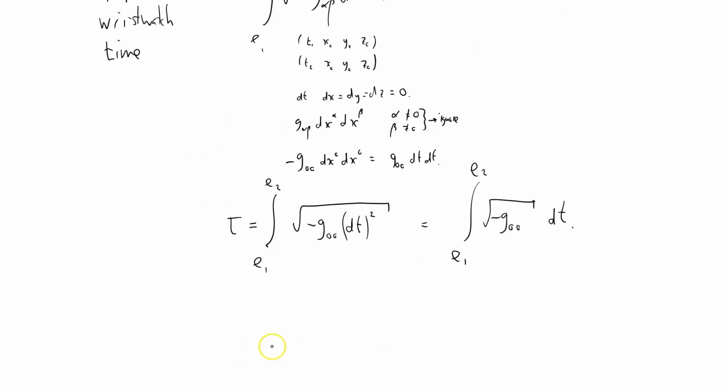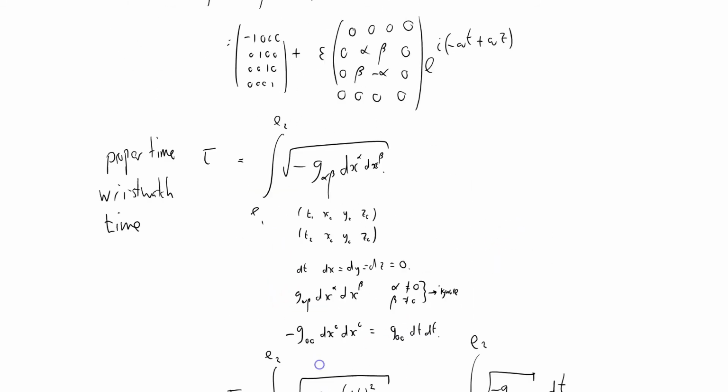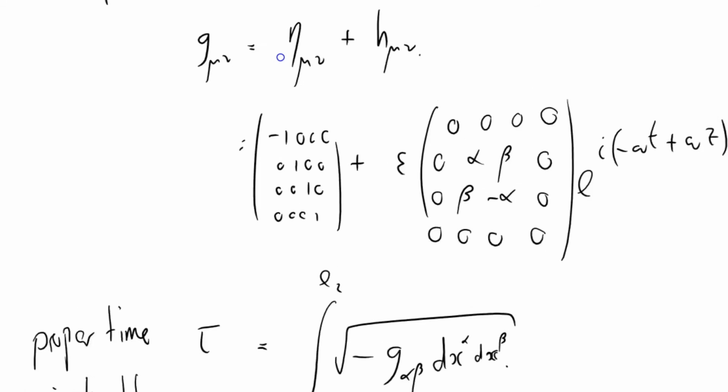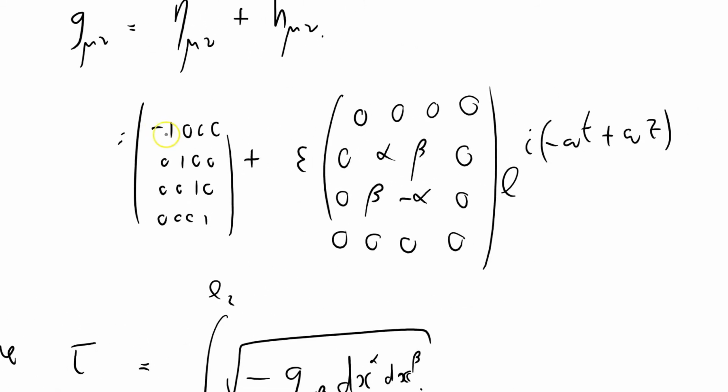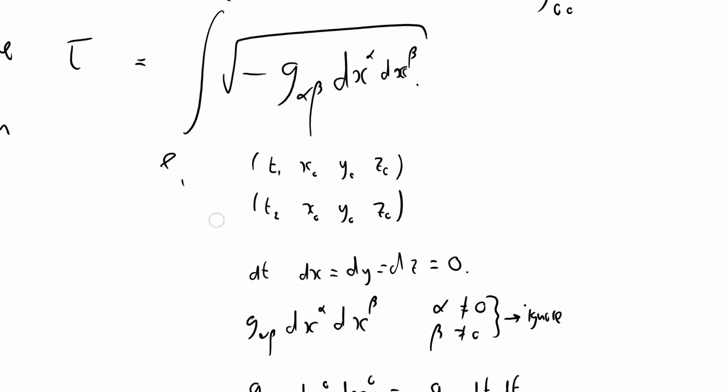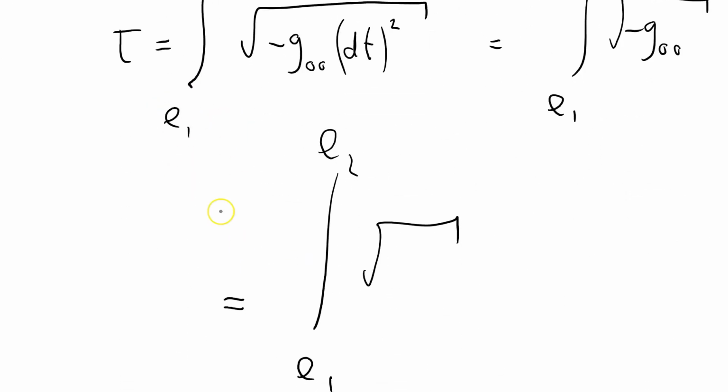Let's do it absolutely step at a time. Now, you'll see from the formula that I wrote down that g00, the top left component, is just minus 1 plus nothing. So g00 equals minus 1 to first order at least. So I can just substitute that in here. Square root of minus 1 times dt.